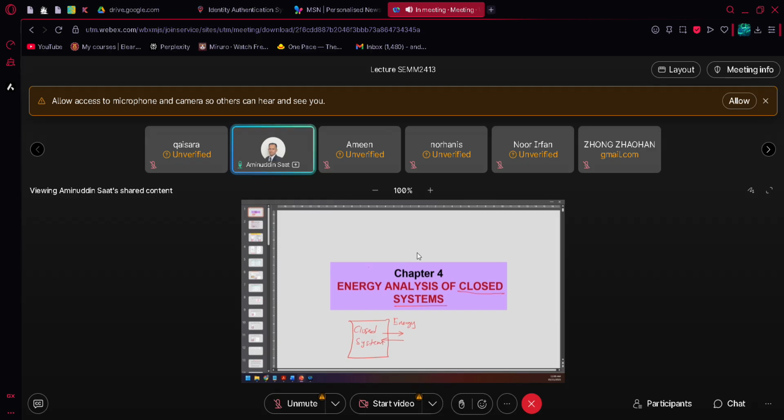But for the mass, you cannot transfer mass flow in and out, because there is no way to transfer the mass in and out for a closed system. So for the energy, yes. For the mass, no. That is the definition that you used in the first chapter for the closed system.